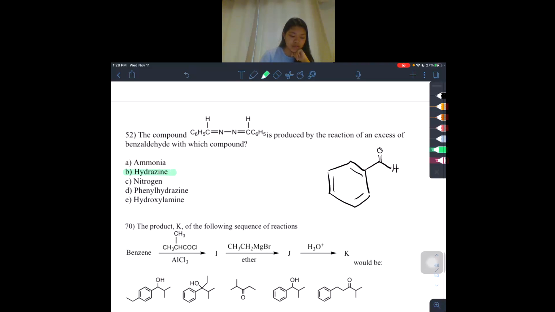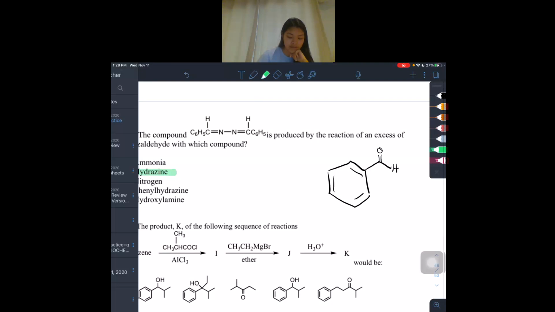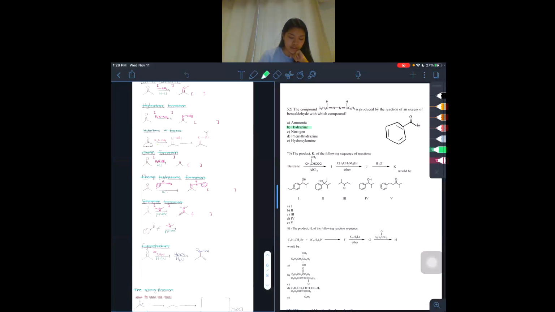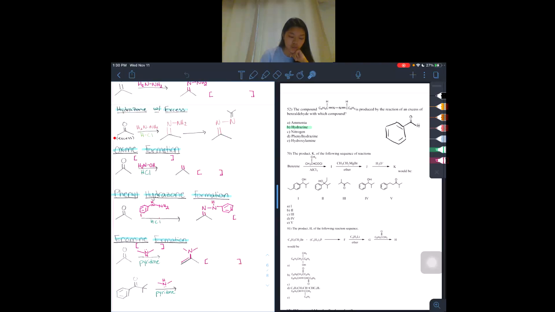So let me refer back. Remember for this guy here, our hydrazone with excess, see how we had the hydrazine here? We had excess of our starting product, and then we reacted it once, and this is what we ended up with. We reacted it with it again, and then we formed another one of these, but upside down.